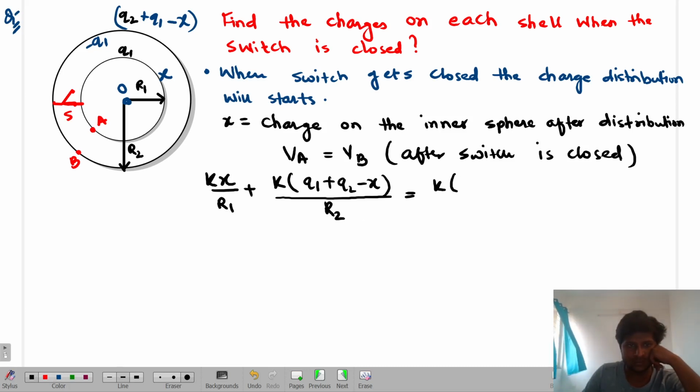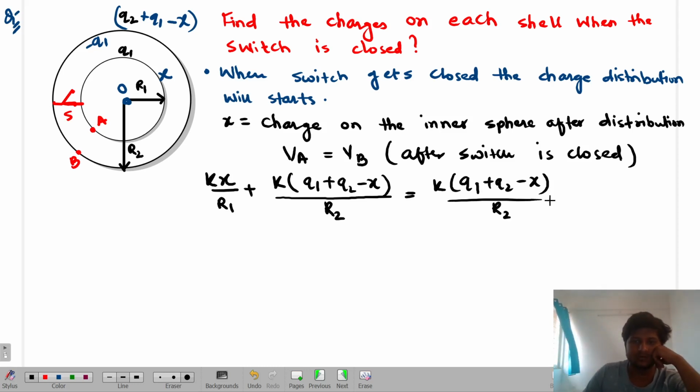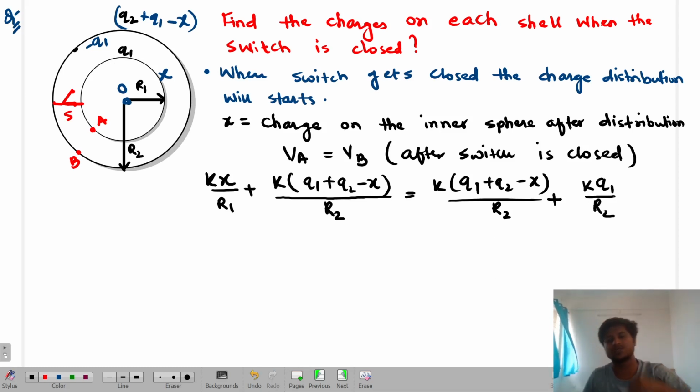Their own first K x by R2, plus due to the inner one there will also be K. So this point works like an outer surface for the inner charge or not. So K Q1 by how much? R2. Is that clear? So this is the difference between VA and VB. In one case, R1 and R2 both appear. In another case, R2 and R2 appear. Is that clear?